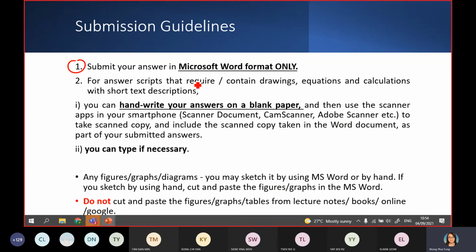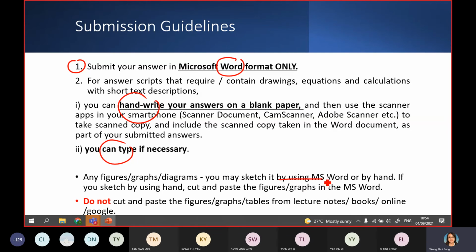Similarly, only submit your answer in Microsoft Word only. No need PDF because I mark in Microsoft Word. Okay, if you want to sketch any drawing, any table, any figure, first you can actually sketch on a piece of paper, you scan, you upload, or if you can, you try to type if necessary.